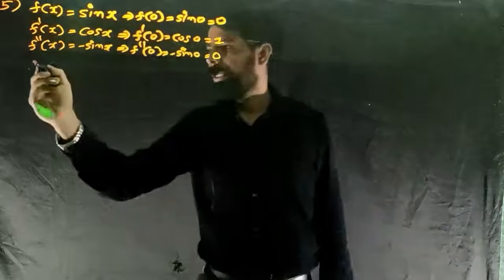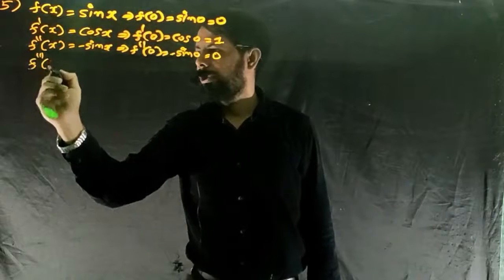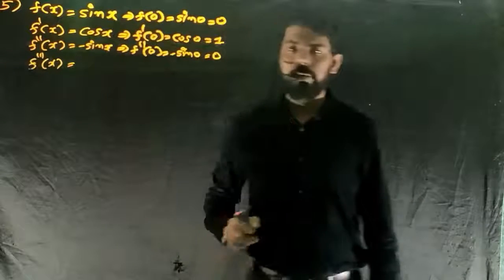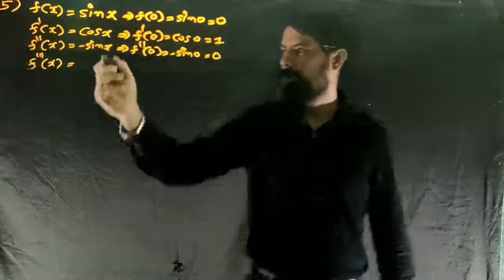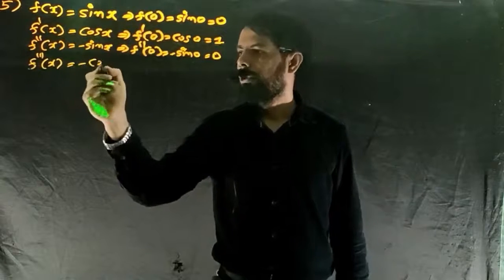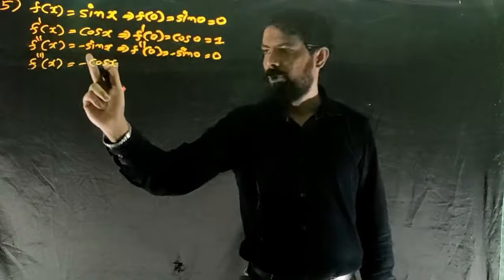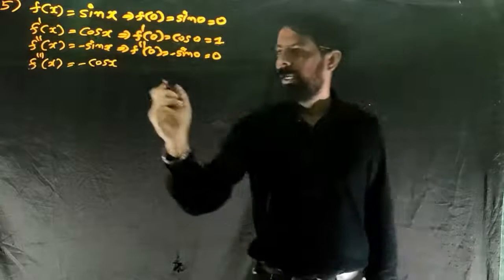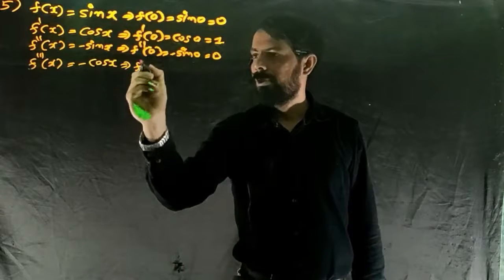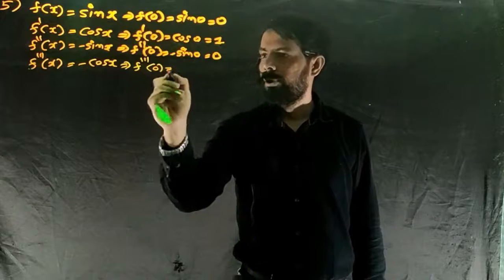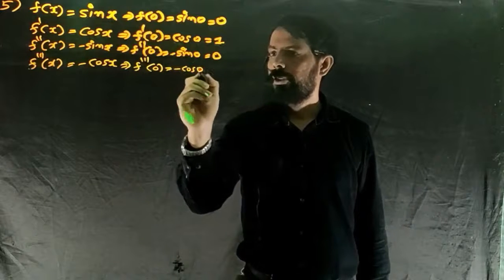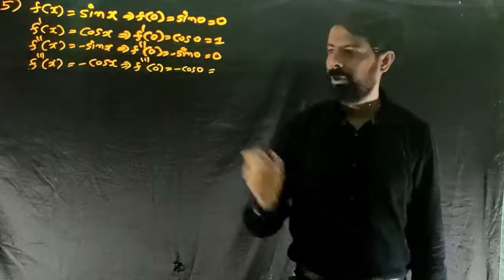Now again taking the derivative, f triple dash x: the derivative of sin x is cos x, so here it will be minus cos x, because of the minus sign. Replacing x by 0, it will be minus cos 0, and the value of cos 0 is 1, so it will be minus 1.